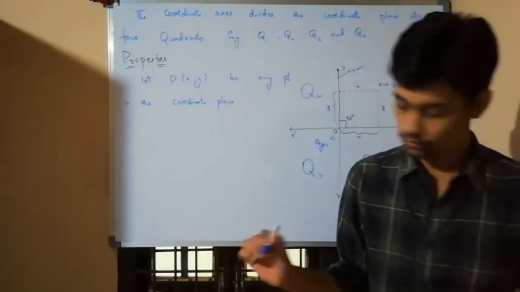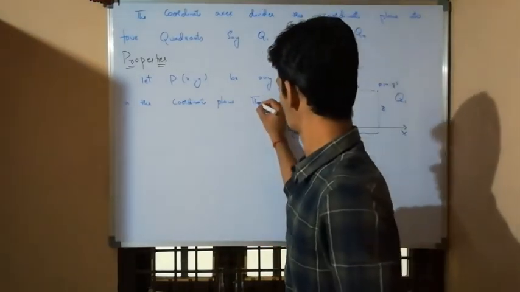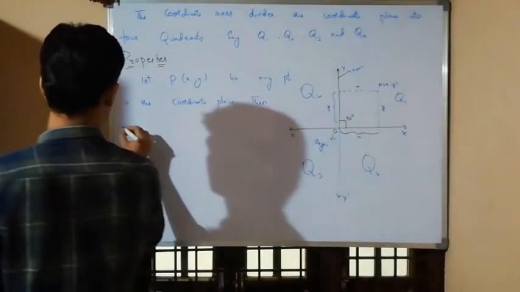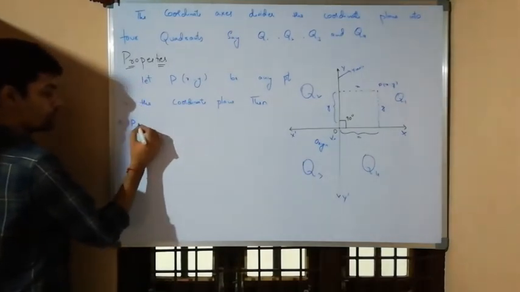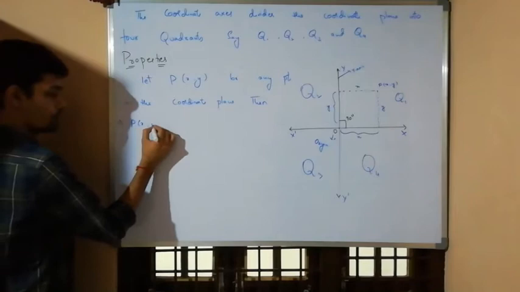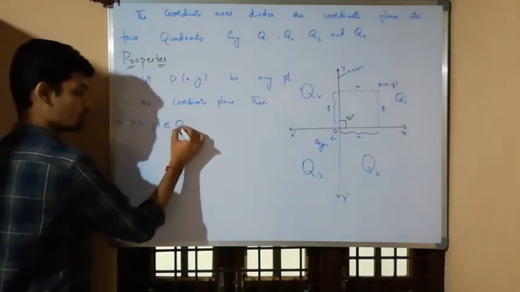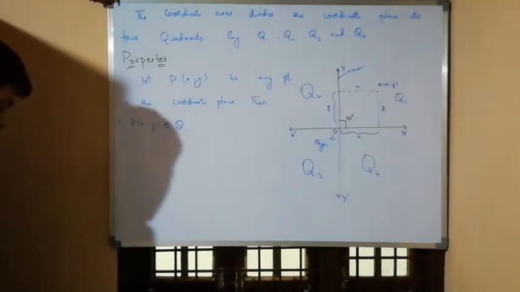Then first one, the point P of x comma y belongs to quadrant Q1, first quadrant.